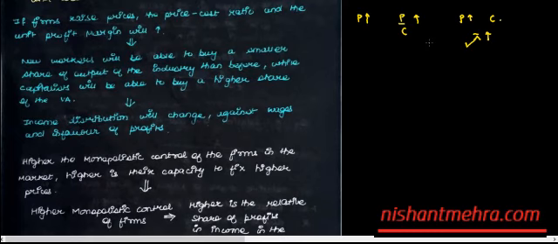So that would mean what? That the workers will be able to buy a smaller share of the output. Right? So there are two classes, workers and capitalists. When profits are increasing, the amount of income which is going towards wages is going to fall, then workers will be able to buy a smaller share of output.